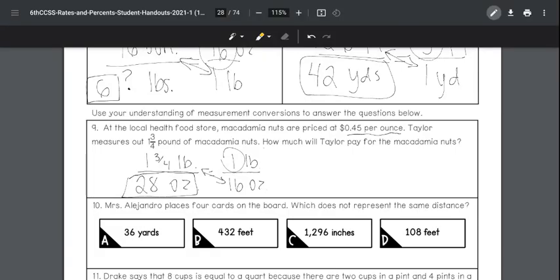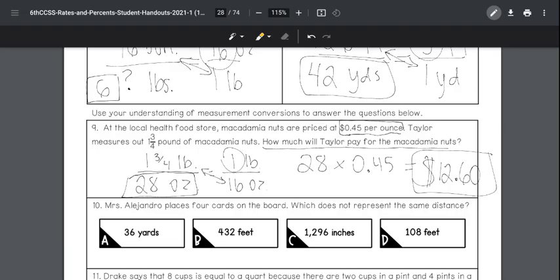We want to know how much money she will pay for all of the macadamia nuts. So you have to take all of the ounces that you bought, which was 28, and multiply them by how much each ounce cost. So 0.45. And we end up spending $12.60. And we are skipping number 10.